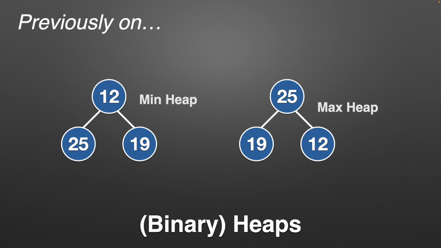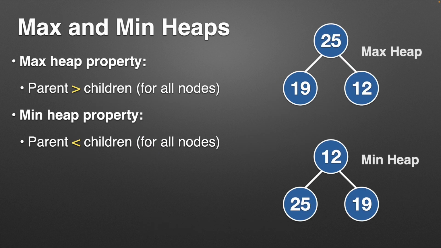And so the idea being with a min heap that we always have the minimum value of all of our nodes at the top, and with the max, we always have the max at the top. And there are some nice properties as we go down these trees where in a max heap, the parent is always greater than any of its children, and in the min heap, it's just the opposite. The parent is always less than any of its children.